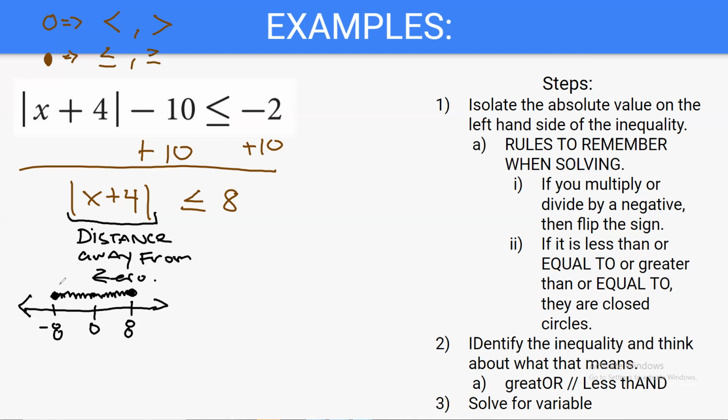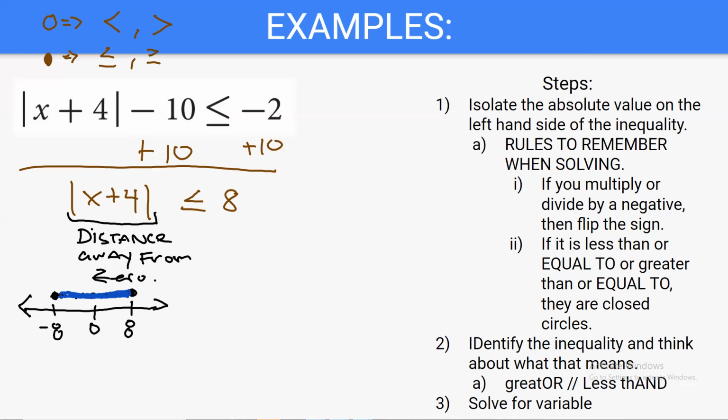Right? All of these distances here in blue are all less than 8. Right? Yeah? At -7, -6, -5, -4. Correct? Yeah?